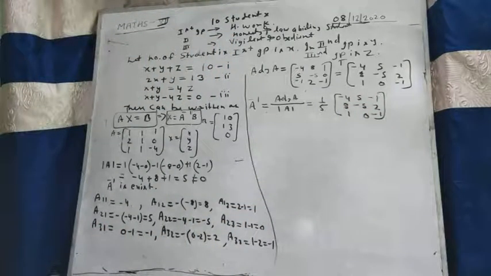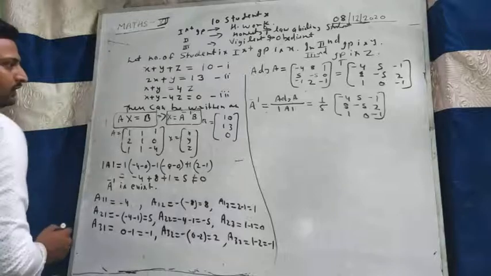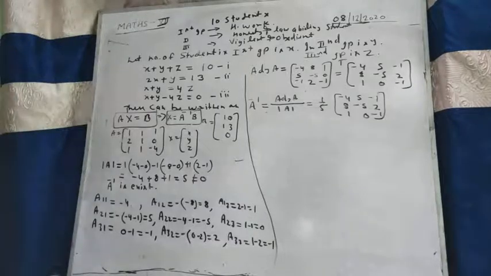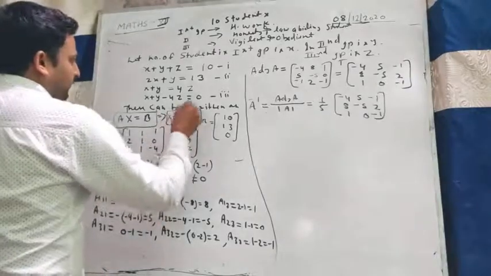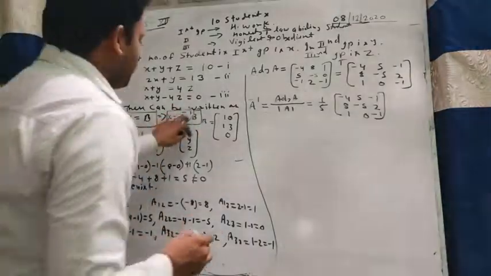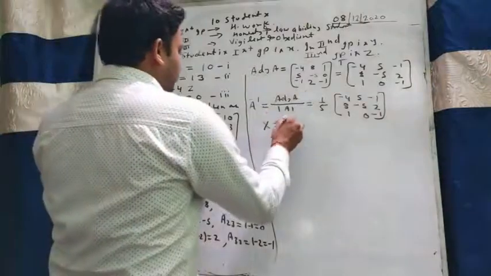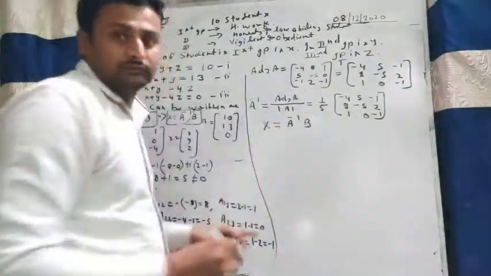This is our adjoint. So A inverse will be the adjoint of A divided by the determinant of A. The determinant is 5, so 1 by 5 times the adjoint. So A inverse is 1/5 times [minus 4, 5, minus 1; 8, minus 5, 2; 1, 0, minus 1]. Okay. Now students, we have found our A inverse. Now we will put the value of A inverse in this equation, so X is equal to A inverse B.